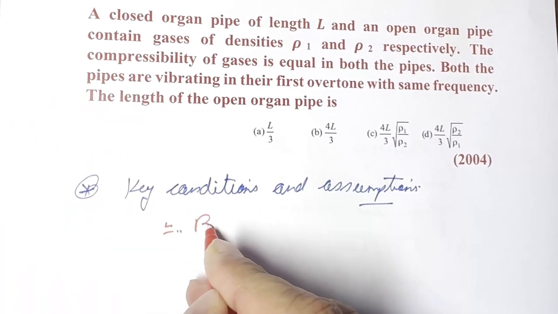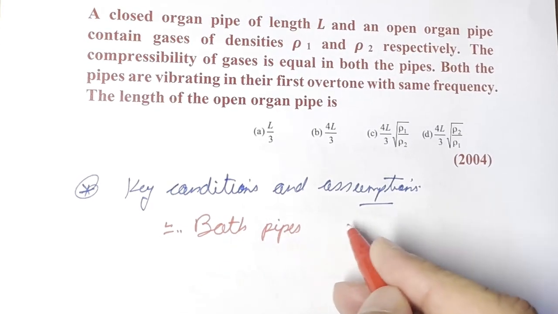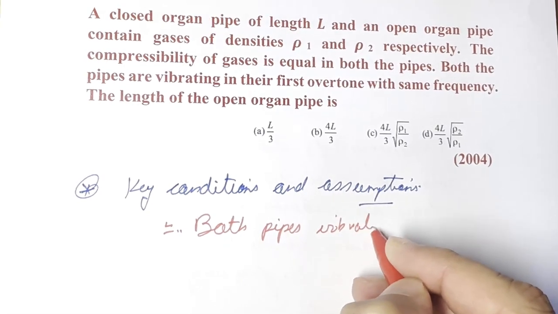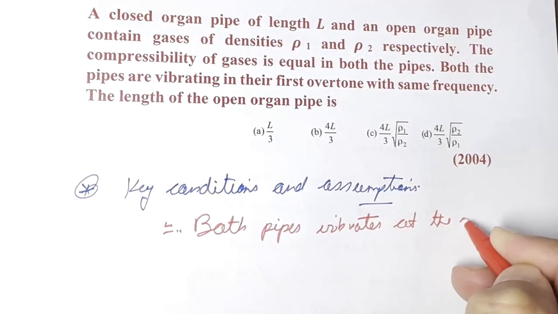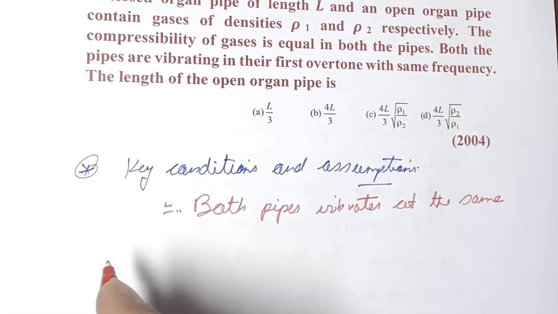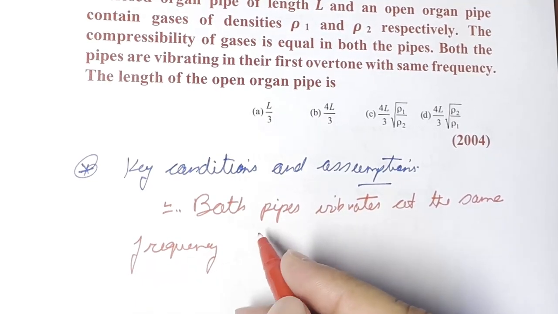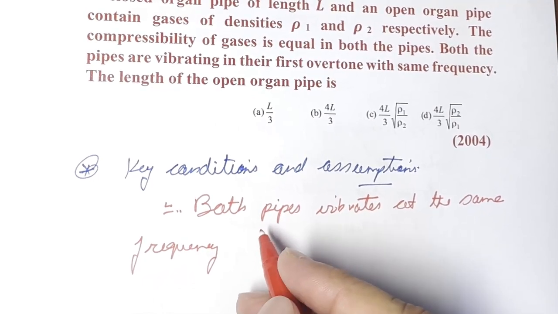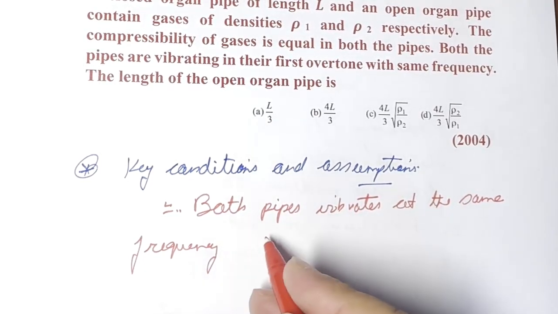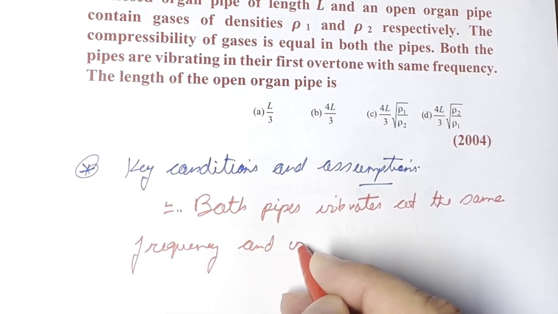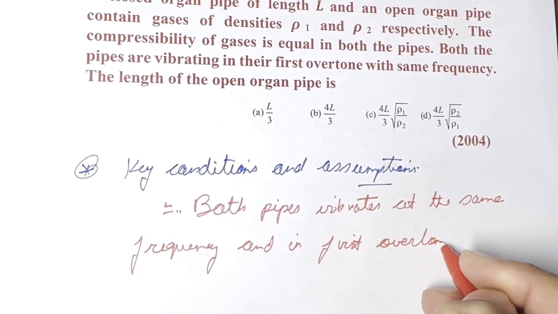So we are given that both pipes vibrate at the same frequency, each in its respective first overtone.